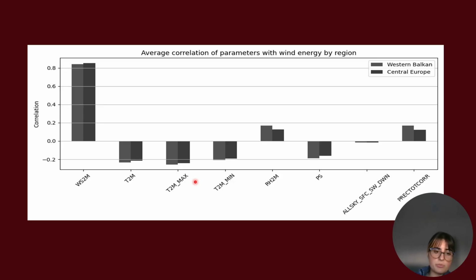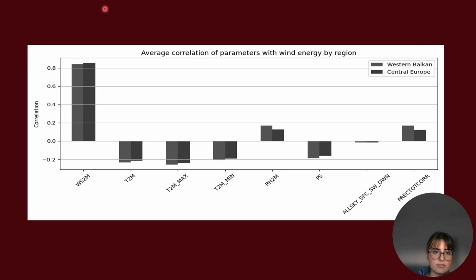The dominant parameter, as we already said, is the wind, and the values in both regions show an extremely high positive correlation of approximately 0.85. Central Europe has a higher correlation than the Western Balkans, but the difference is not that big.